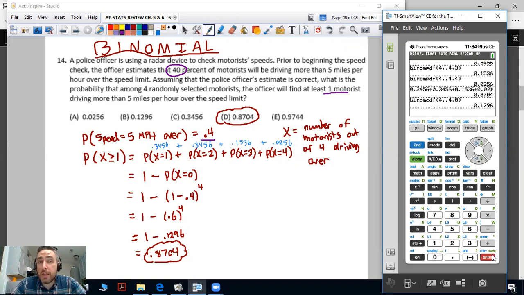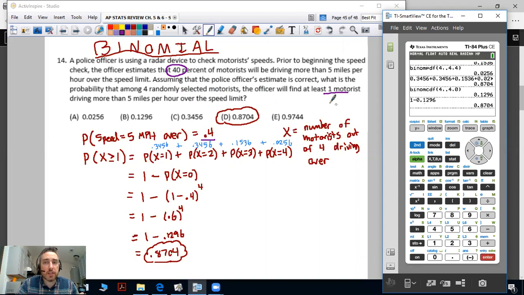That means the probability of none of those 4 motorists going over 5 miles per hour. But then you have to subtract that from 1. And you get 87.04%, 0.8704. So it can be done as a binomial CDF as well. But that's not how I do it in practice.